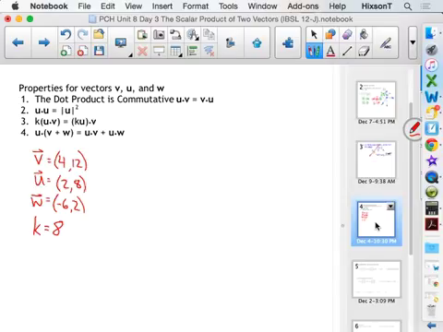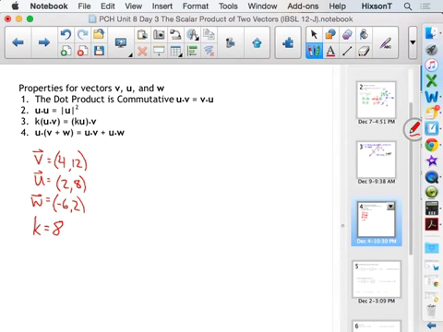A dot product of something with itself is the magnitude squared. By the way, you would never write vector u squared. That is not defined as anything. You might put the magnitude of u squared.